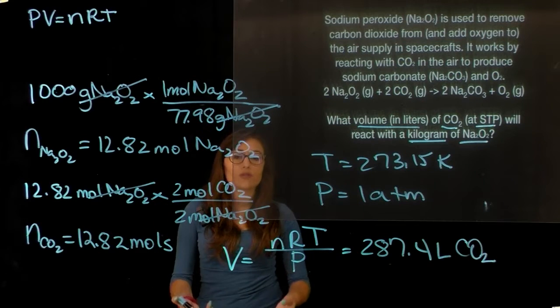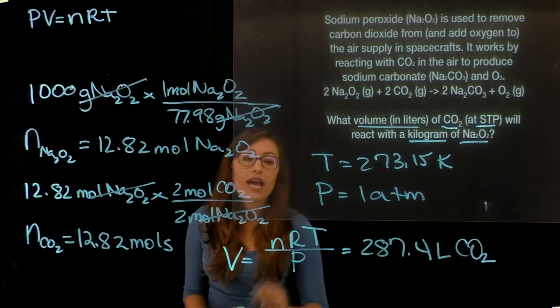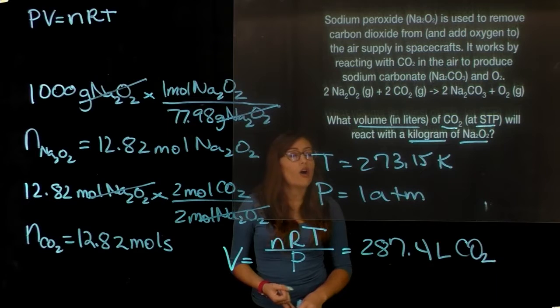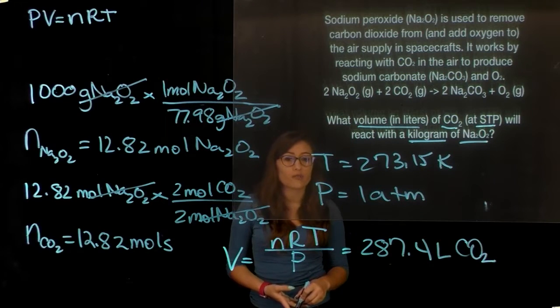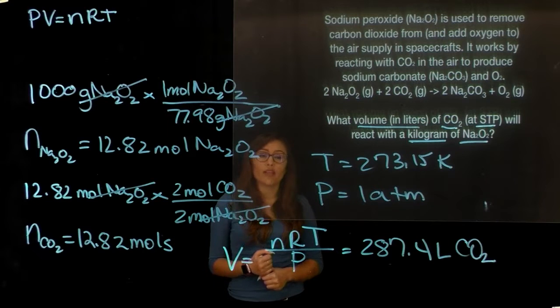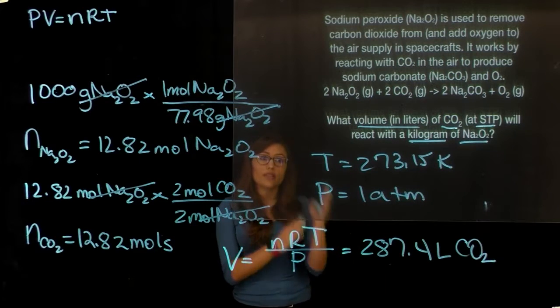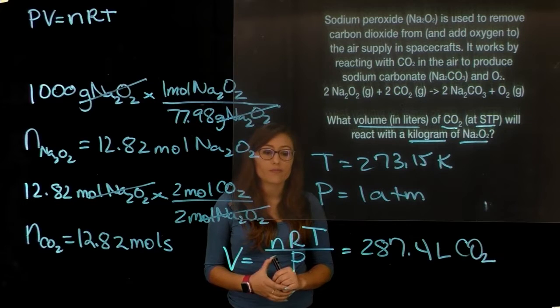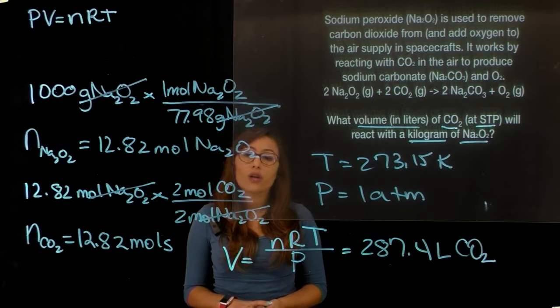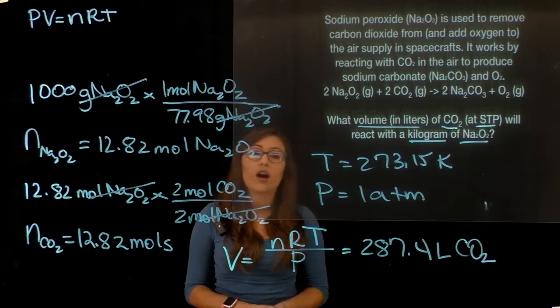Once we found moles of CO2, we can then use the ideal gas law to plug in the moles of CO2, our R constant, temperature divided by pressure, which we know are 273.15 Kelvin and 1 atmosphere because they tell us standard temperature and pressure. Once we did so, we plugged everything in and we got a volume of 287.4 liters of CO2.